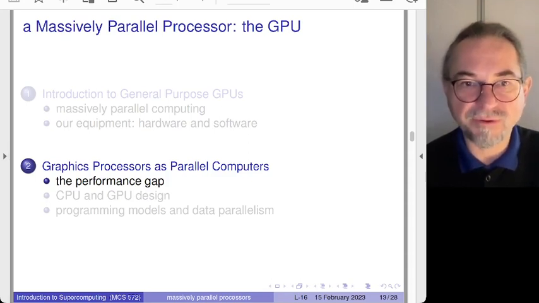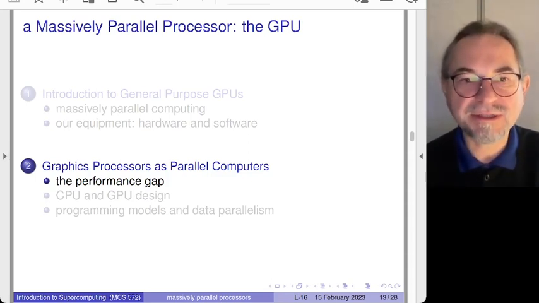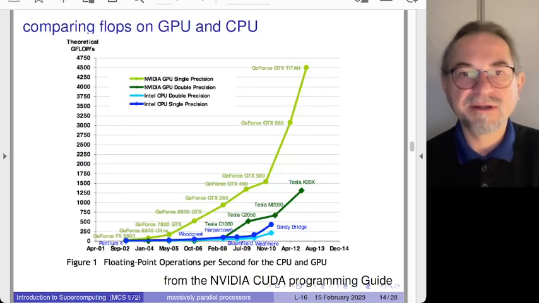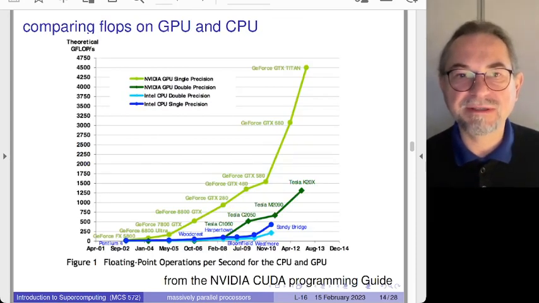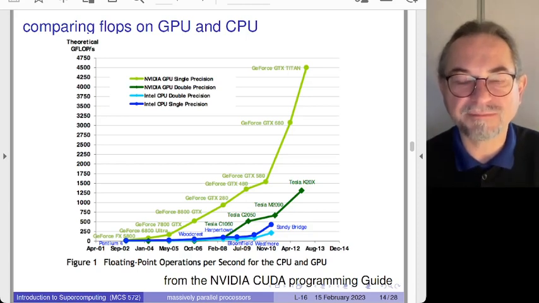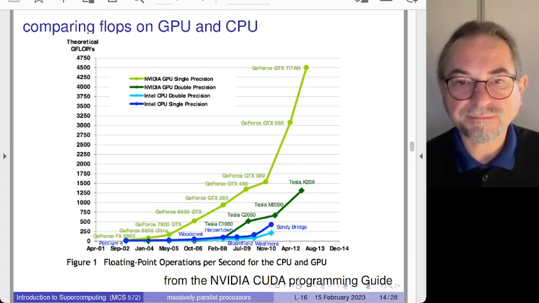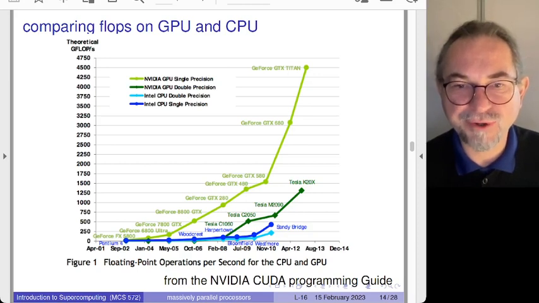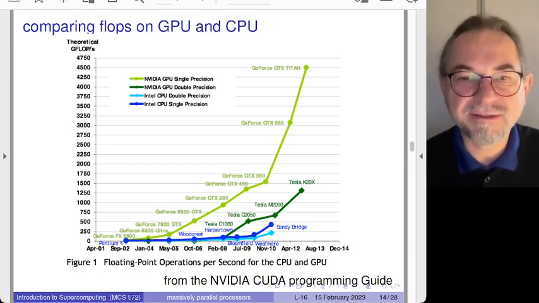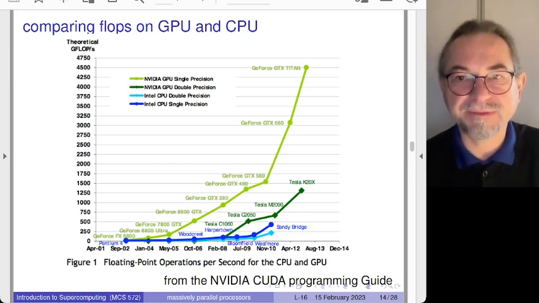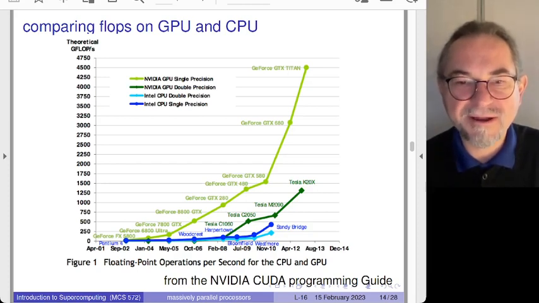Now I'm following the textbook more and giving the comparisons between CPUs and GPUs. This is a historical slide which I lifted from the NVIDIA programming guide. I see one of my earliest graphics cards there, the Tesla C2050, which is also at home.